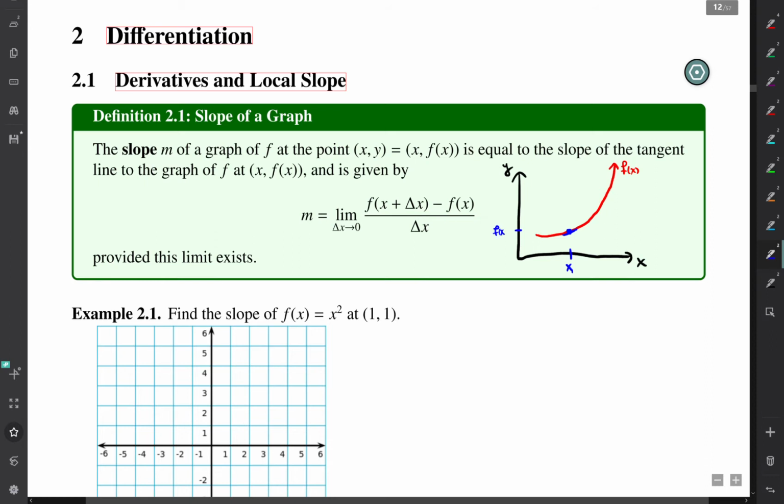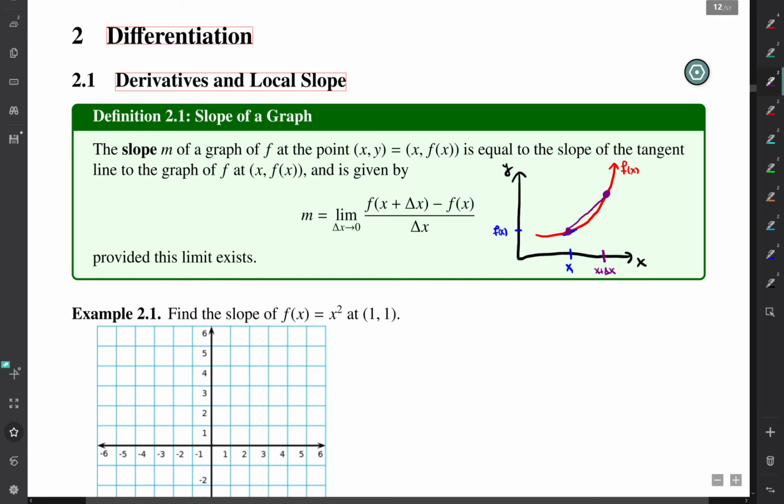The y value there is f of x, and what we're going to do to calculate that in a very precise way is look at secant lines. Those are the lines that intersect the curve in two points, like that purple line there. We're going to call this second point x plus some small change in x, delta x.